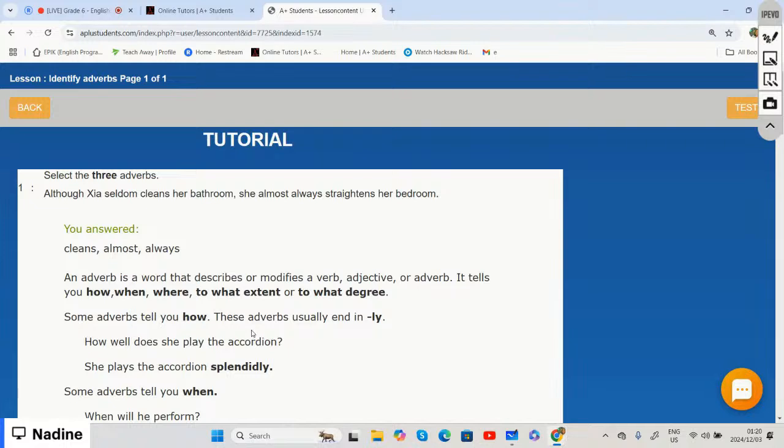So we need to select the three adverbs, keeping in mind that our adverbs either tell us how, when, where, to what extent, or to what degree.